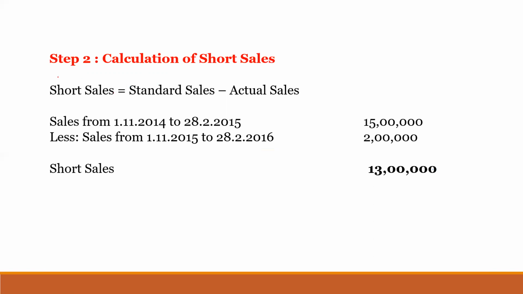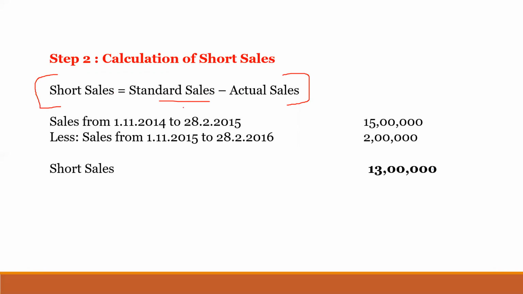At the time of short sales, remember short sales is known as the shortage in sales. So just remember this equation. Short sales is equal to standard sales minus actual sales. So standard sales means, here we have the indemnity period as 4 months, so standard sales means the 4 months in the preceding year where the sales was going in a normal manner without fire.